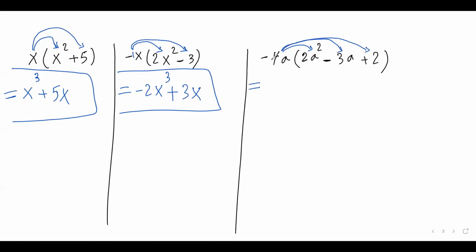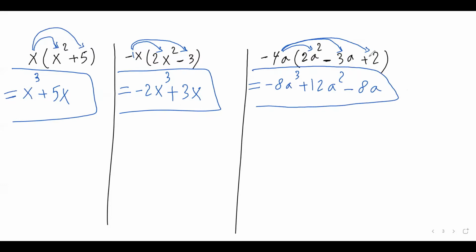So this equals negative 4a times 2a squared, which is negative 8a cubed. Negative 4a times negative 3a, that's positive 12a squared. And negative 4a times 2 is negative 8a. This is our simplified form of this expression.